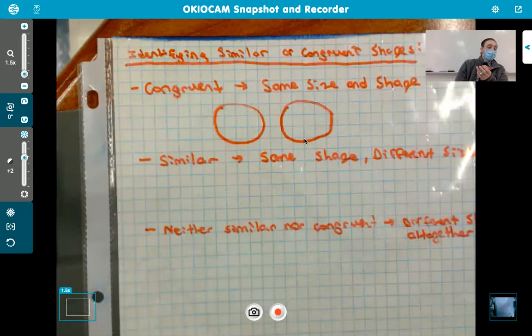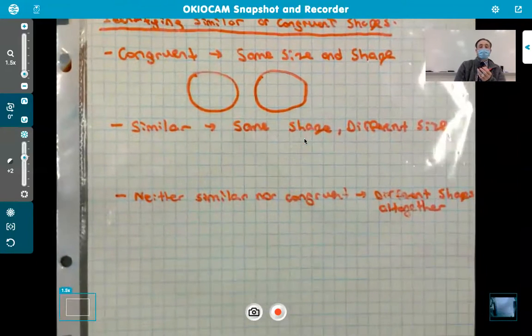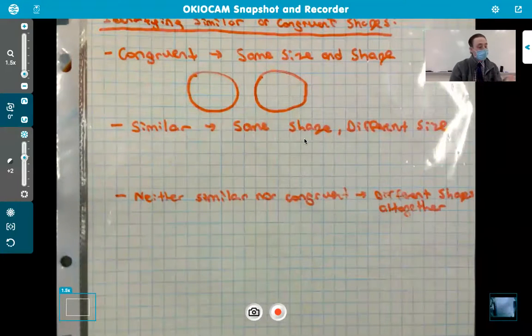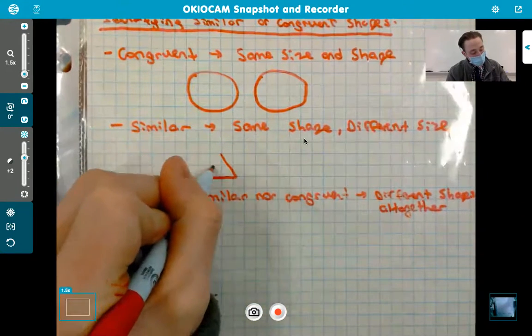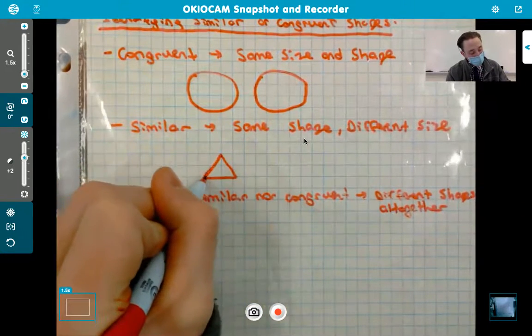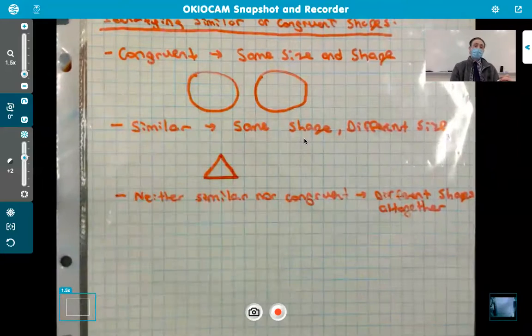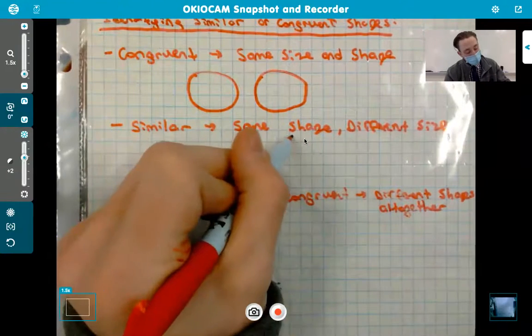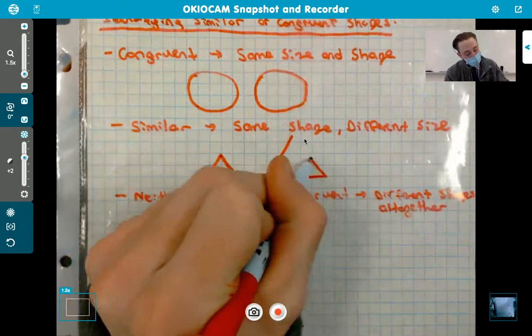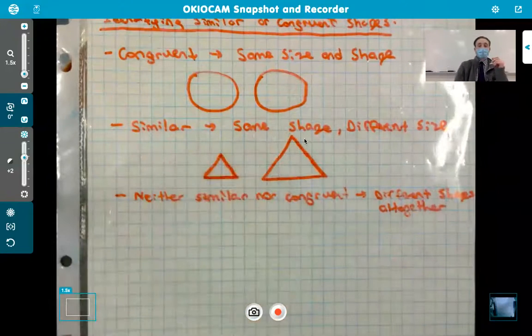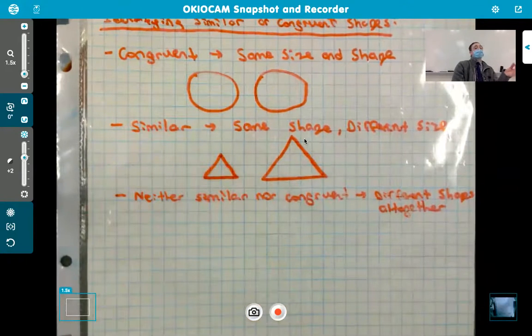If a figure and another figure are similar, they're the same shape, but they are different size. For example, if I had a triangle, one triangle that looked like this, a smaller triangle, a figure similar to that would have the same shape, so the same triangle there, but of a different size.